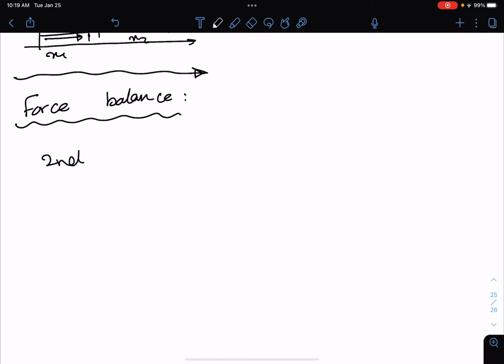Of course, we need to use the second law, which tells us that the total amount of forces is going to equal your mass multiplied by acceleration, right? And acceleration, if you recall, is the second derivative of your position.